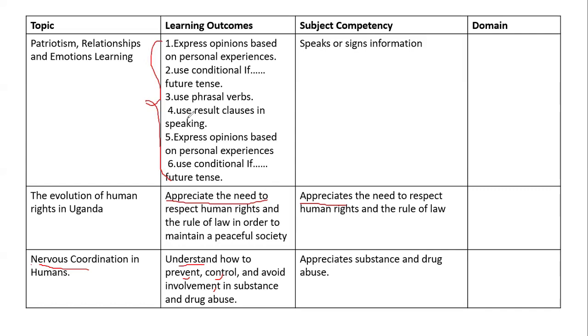Can you get someone who has ever been involved in drug substance abuse and bring them to school to talk to these children? Then after, ask the children to write about it, and from there you are building the knowledge, and later on they would have attained the competence.